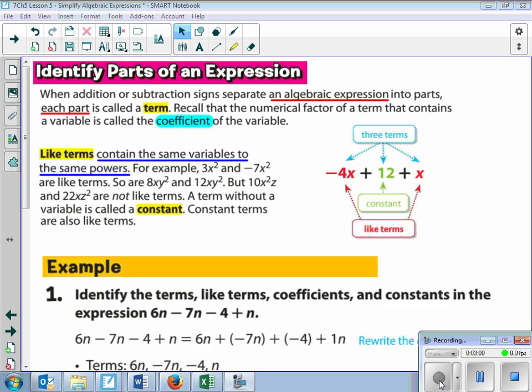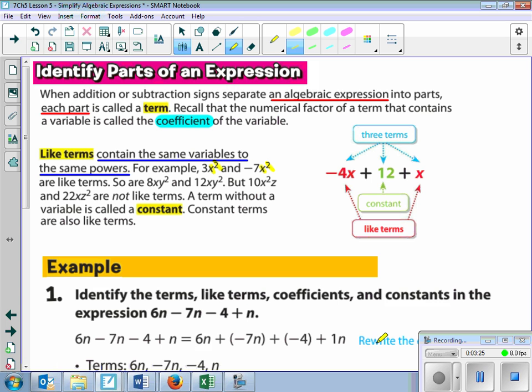Like terms contain the same variables raised to the same powers. So here the like terms that we have available in this example are 3x squared and negative 7x squared. These are like terms because we have both x's and they're both raised to the second power.